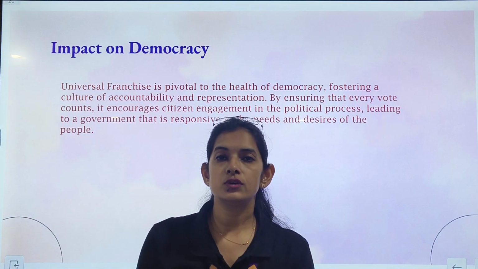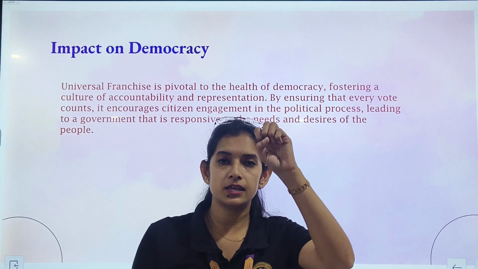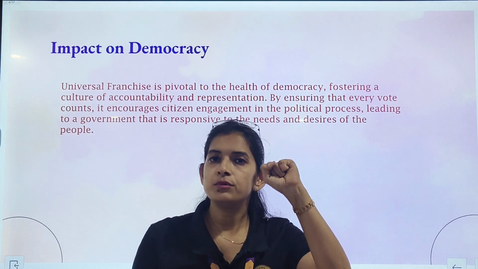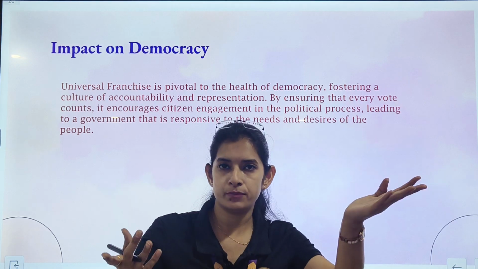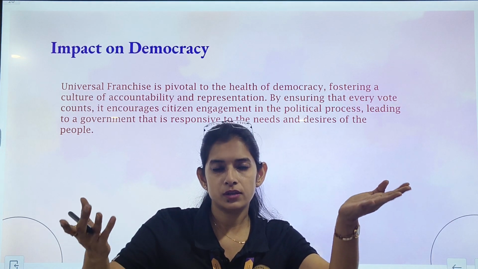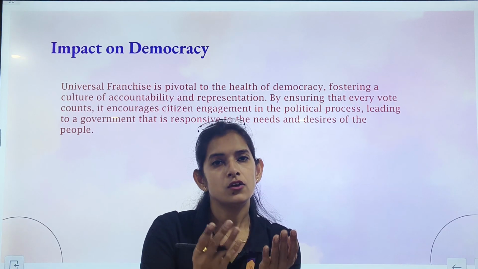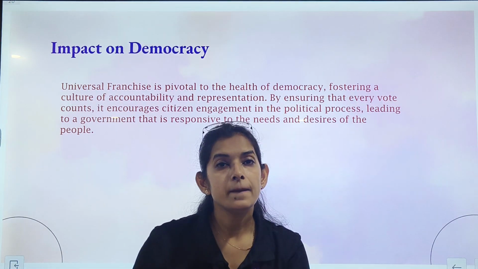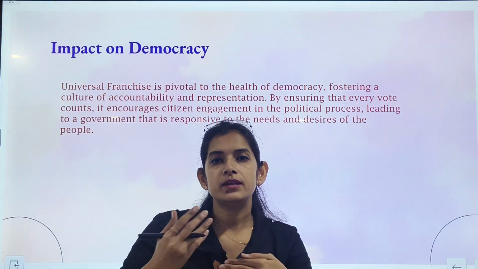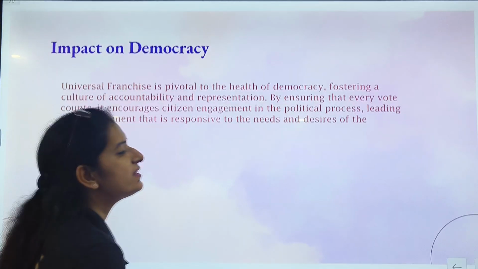That is, whosoever representatives get elected, obviously they would make the policies, rules and regulations according to the people. The majority of the people have chosen that person, and in return he would make policies according to the benefits of the people. So indirectly the people are making the rules and regulations for themselves. Clear?